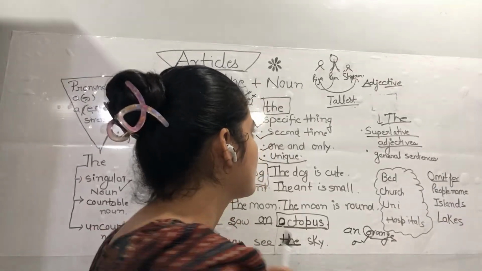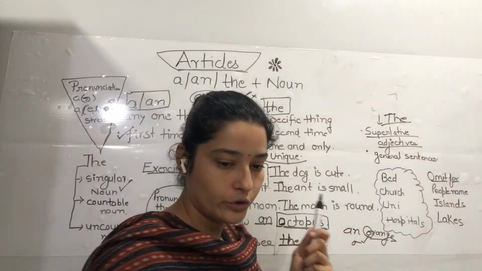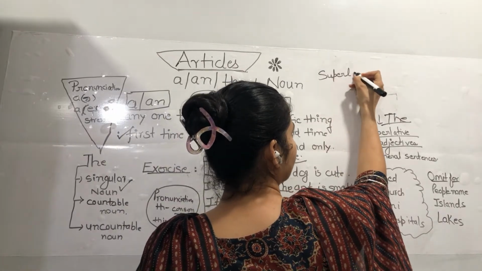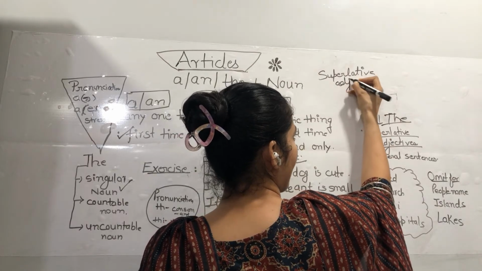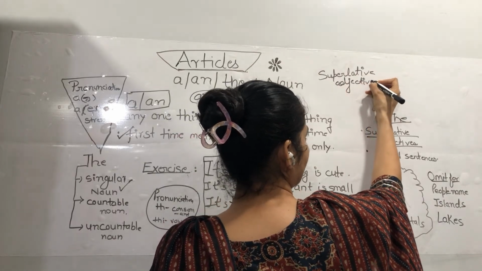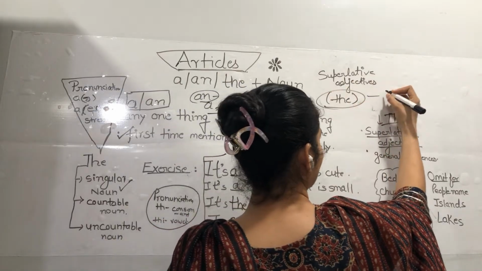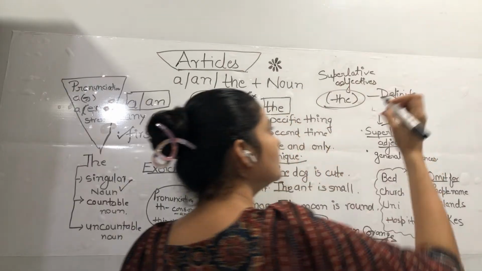Okay. So superlative adjective we were talking about. Superlative. So with all superlative adjectives, we have to use the, okay? And the is a definite article. Why is the a definite article?